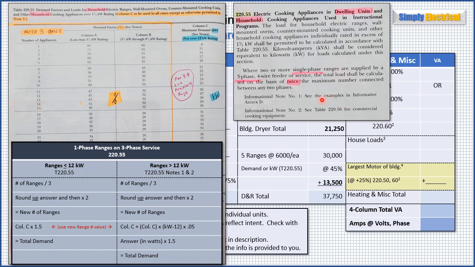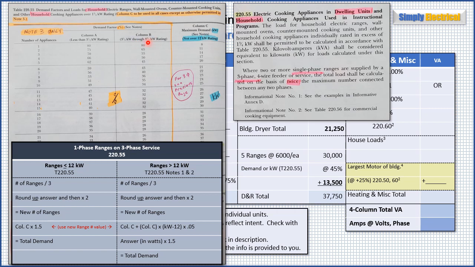Okay, so what have we learned? We've got our 6,000 watts for each range. So each unit has 6,000 watts for the range. We have 5 units, so we multiply 5 by 6,000, we get 30,000. So since there's 6,000 each, we can use column B because that falls between 3.5 kW and 8.75 kW.